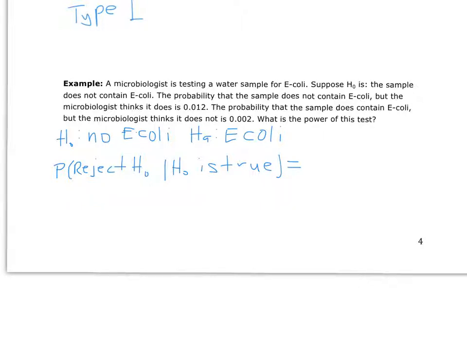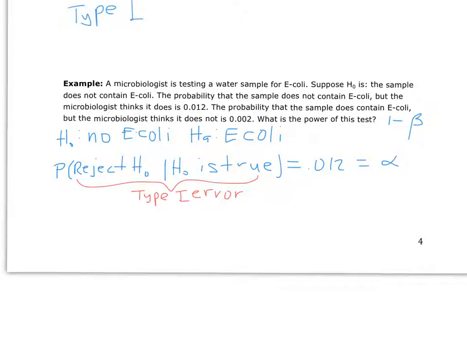It's an error, right? We're rejecting the null when it's true, and that is a type 1 error. So this right here is a type 1 error, and we are given the probability is 0.012, and we know that that is the significance level alpha. Okay, so that doesn't help us with the power, right? Because the power is 1 minus beta.